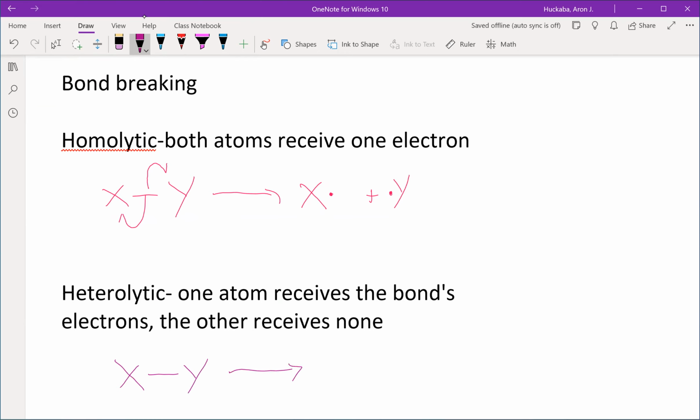And when we do that, a double-headed arrow is going to deliver both electrons to the X atom here. X and Y, if you remember, stand for whatever atoms we're talking about. That's a convenient way to be able to vary atoms without talking about anything in specifics.